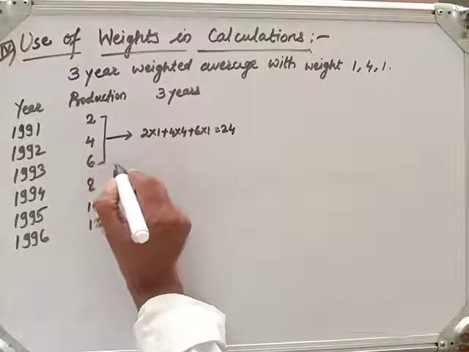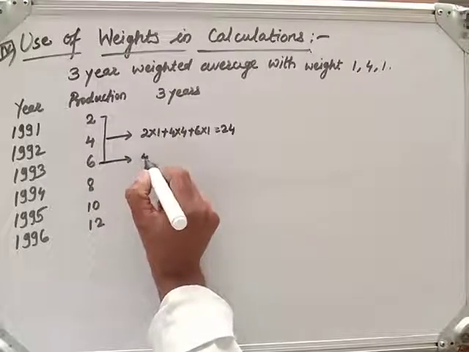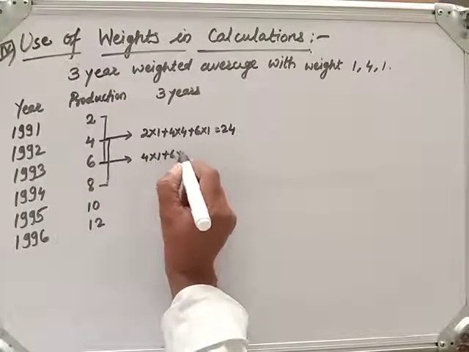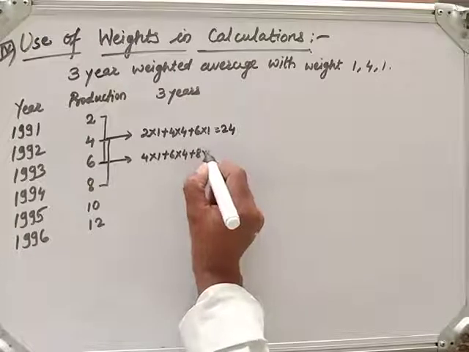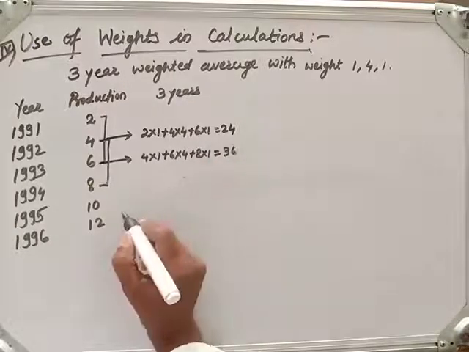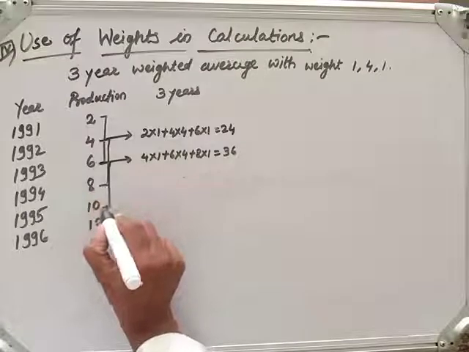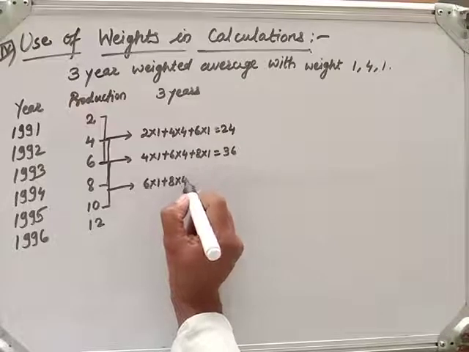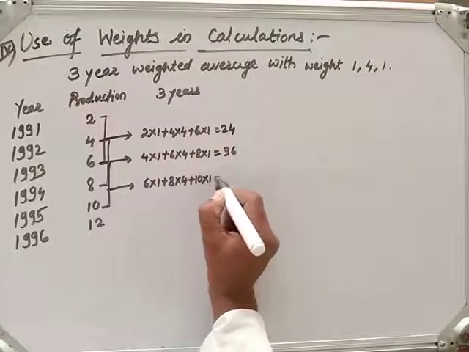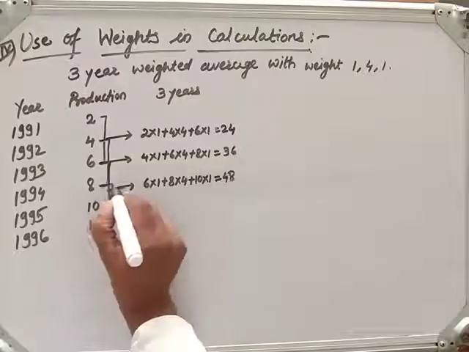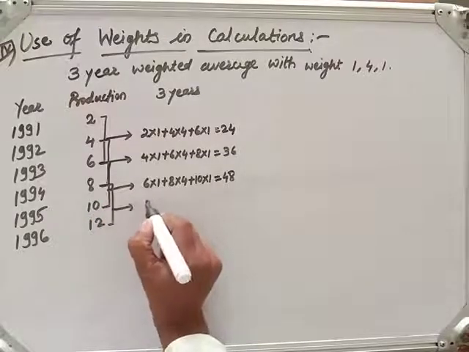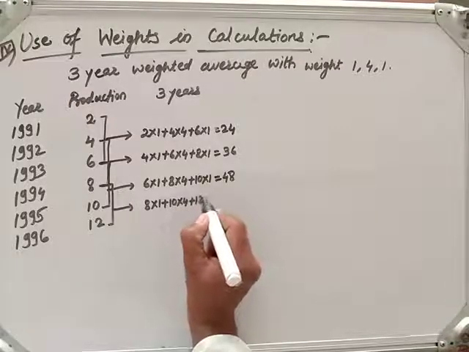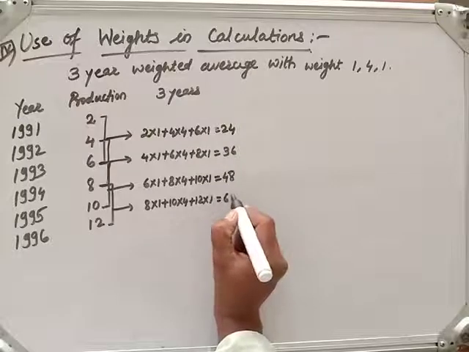Again further, 4 into 1 plus 6 into 4 plus 8 into 1, and that total is 36. Then next 3: 6 into 1 plus 8 into 4 plus 10 into 1, and that total is 48. Further these 3: 8 into 1 plus 10 into 4 plus 12 into 1, and that total is 60.